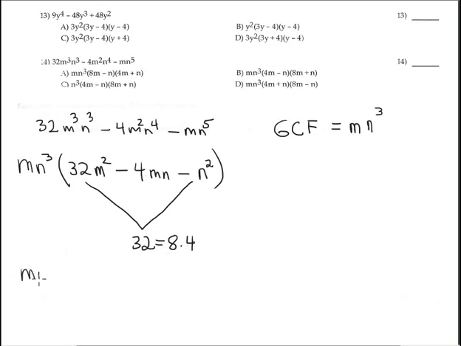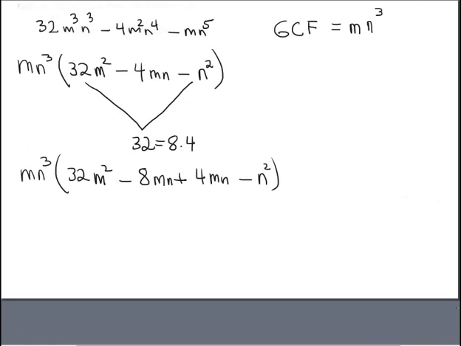So I copy m n cubed, 32 m squared. I split 4 using 8mn minus 4mn, minus n squared. Now factoring by grouping. Okay, let me copy again this m n cubed. The greatest common factor in this first couple is 8m.